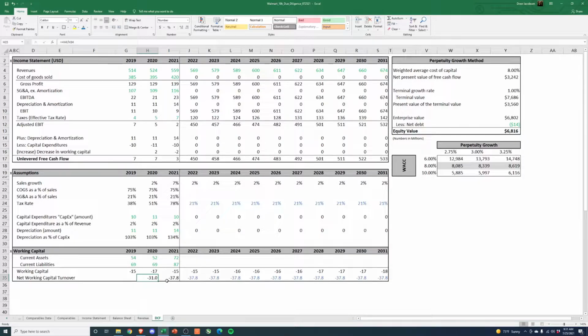And it's negative 31 to 38, meaning basically they're always generating cash from their working capital. In that sense, they're saving cash versus deploying cash. That's probably not the best explanation, but I think it goes back to that relationship with their suppliers.